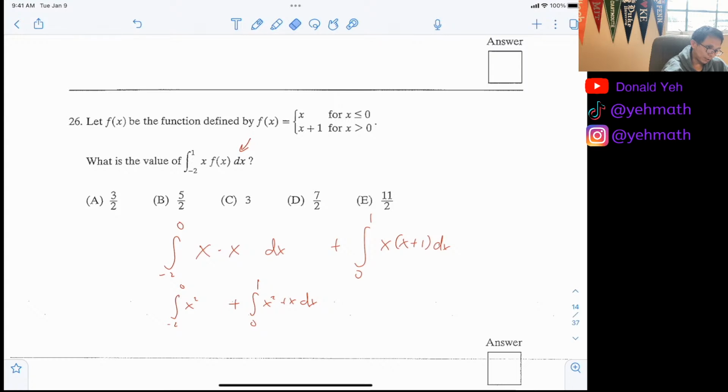So this is x f of x. You want to break from -2 to 0 first, because from -2 to 0 you're using the x, so it'll be x times x. Does that make sense? And then for the right side, from 0 to 1, it's x times the new piece of the piecewise function, so it'll be x times x plus 1 dx.